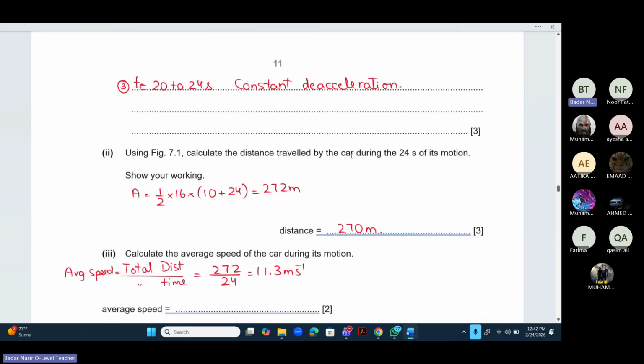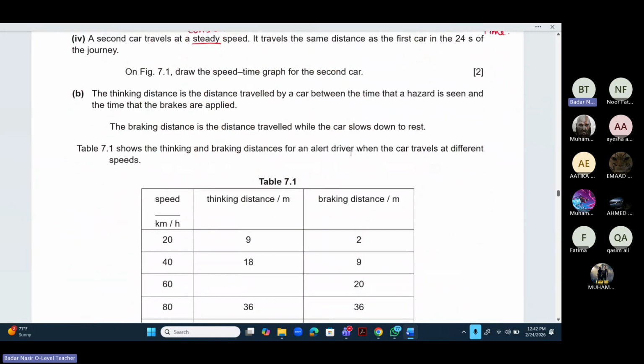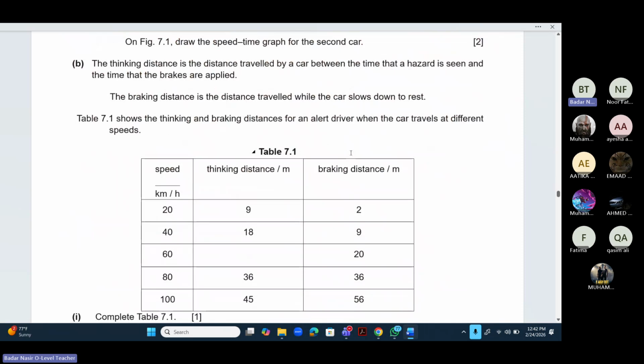Okay, the thinking distance is the distance traveled by a car between the time that a hazard is seen and the time that the brakes are applied. Braking distance is the distance traveled while the car slows down to rest.